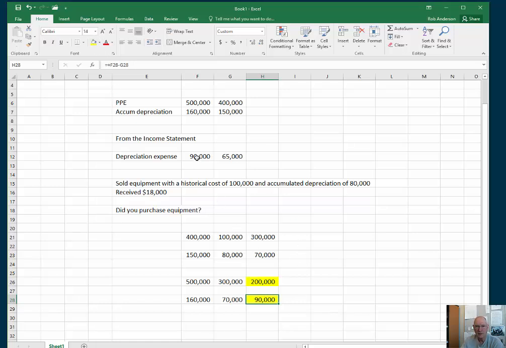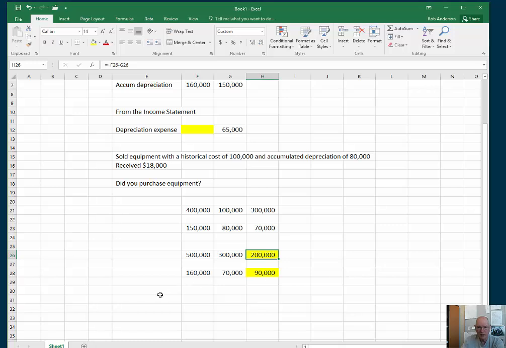And that $90,000 corresponds to our depreciation expense for the year. So we could do two things from this. One, we could actually calculate depreciation expense for the year. If you were not given this number, we just calculated that number. The second thing is we figured out that we purchased equipment for $200,000.